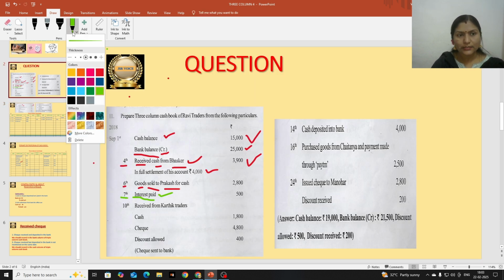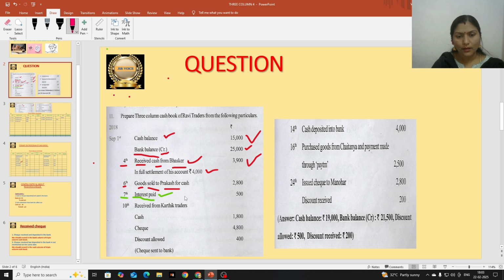Next one has taken place on 10th date. Received. So by looking at that word, immediately we can write on debit side, because business is receiving. If it receives anything, cash comes into the business. So received from Karthik Traders.